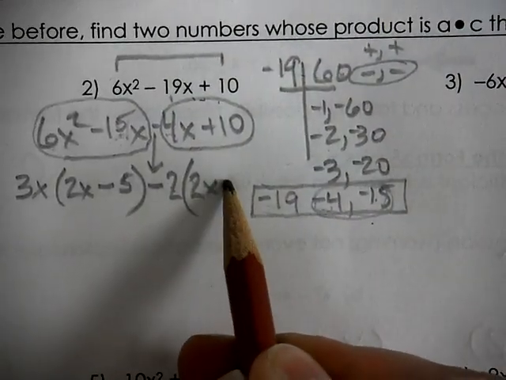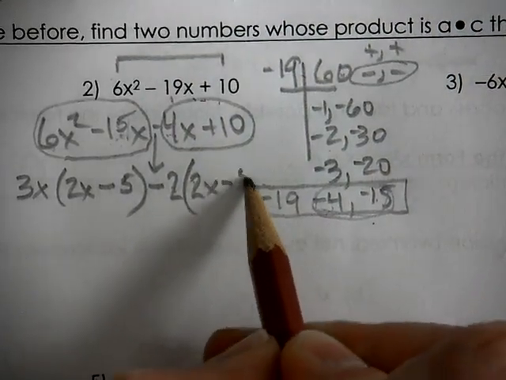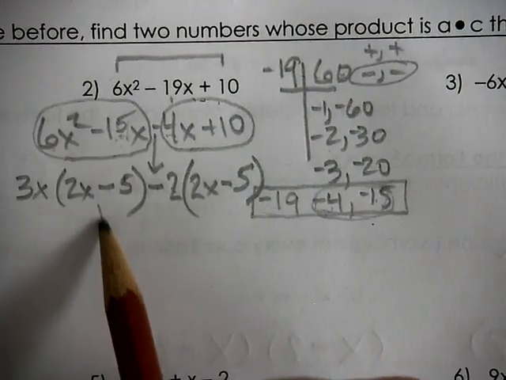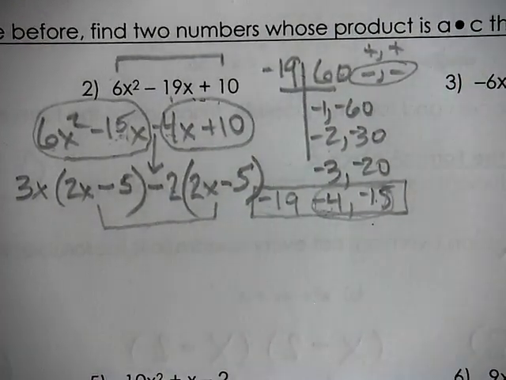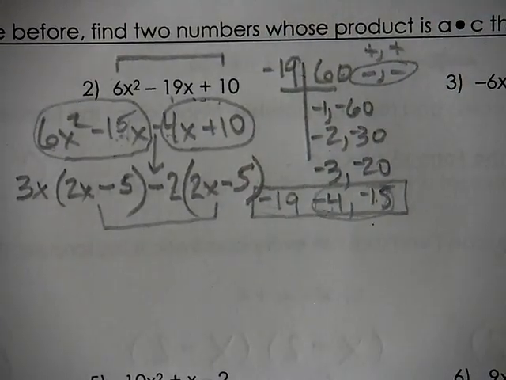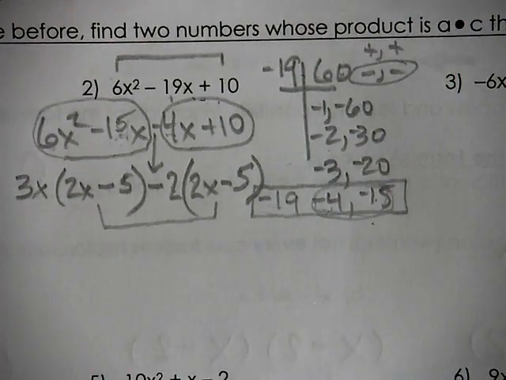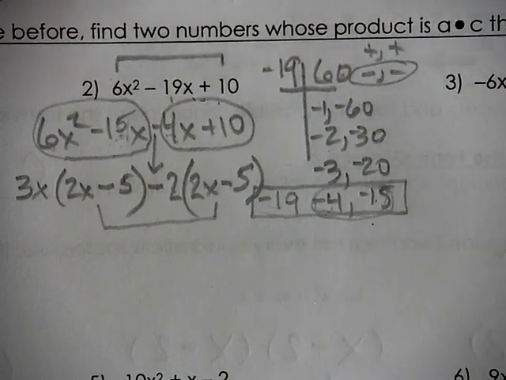Negative 2 times what makes positive 10? Negative 5. What do you notice about your two parentheses? Exactly the same. That means you didn't factor out the wrong term. That helps you be able to check your answers. If those are not the same, then you factored out the wrong number. And that happens. You just got to go back and clean it up.